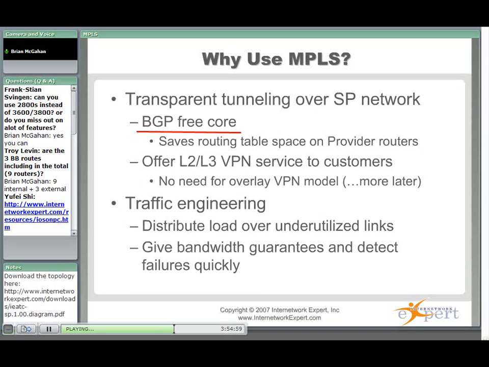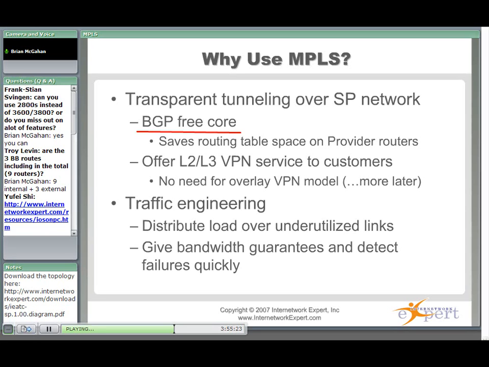Okay, so what we're going to see is that when we're running MPLS, devices in the service provider transit path don't necessarily need to run BGP. So we're going to see this principle that we're going to have a BGP-free core, so every device in the transit path is not going to need to carry the full internet routing table or the customer routing tables.